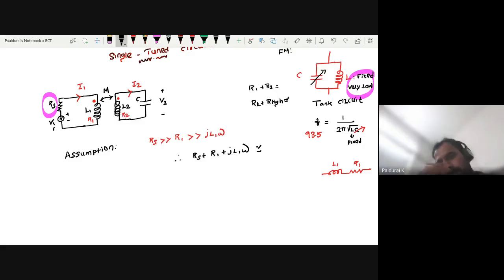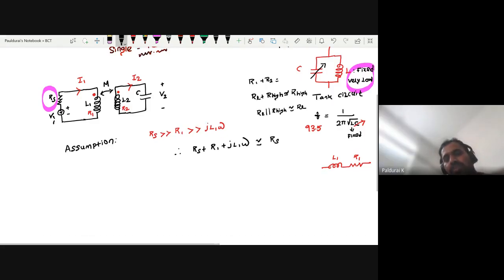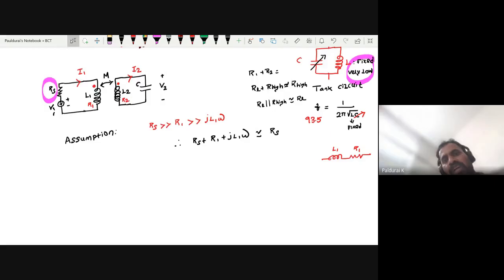Almost equal to R high, sir. R high. Suppose we connect them in parallel, R low parallel with R high, this is almost equal to R low, right? So here which one is high? Rs is very, very high when compared to the remaining two. So I made the very first assumption. From that I derived the relation: Rs plus R1 plus jL1 omega is almost equal to Rs.